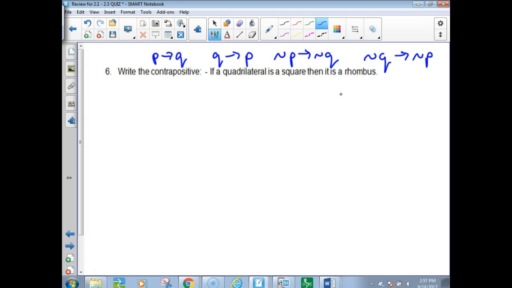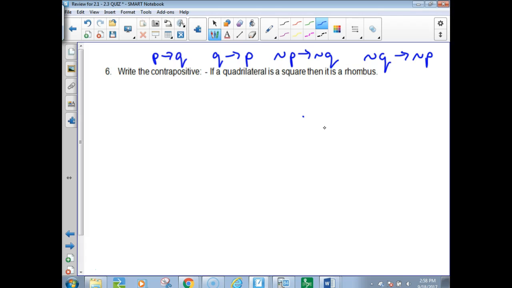Somebody want to tell me what that would be? Negate, negate, switch. If a quad is a square, then it is a rhombus. I want the contrapositive. It can sound weird. You can just go straight with it. Where are you gonna put a not? If you have an is, you put a not after it, and then you flop it.